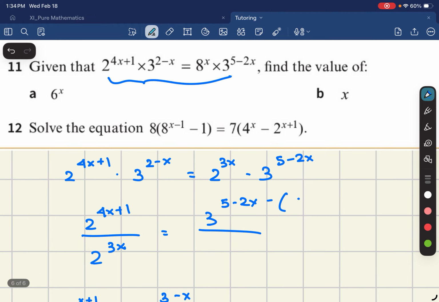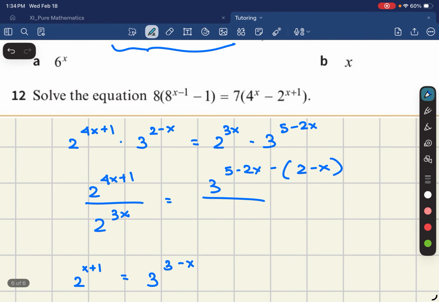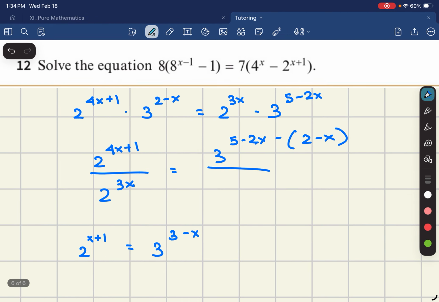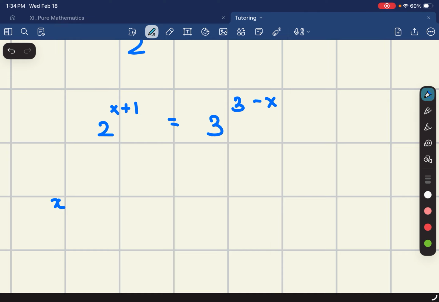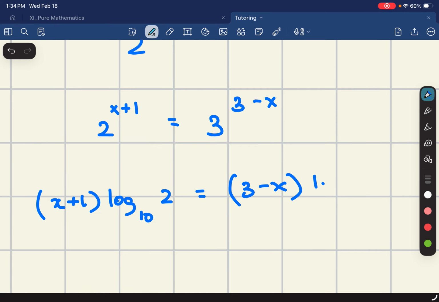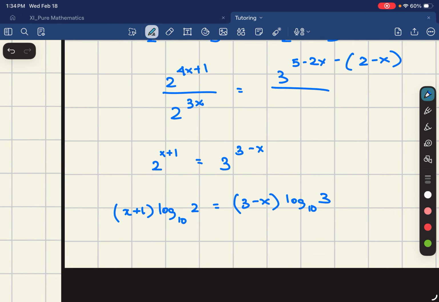So 5 minus 2x, 2 minus x, right? And 5 minus 2 is going to give me 3, minus 2x minus x. So minus 2x plus x is going to give me minus 1x. So now I can take the log. So x plus 1, log base 10 of 2 is 3 minus x, log base 10 of 3.